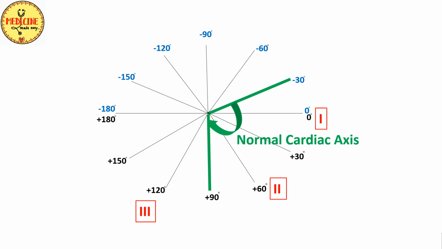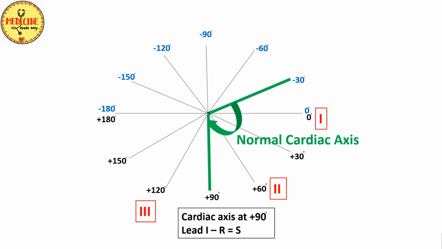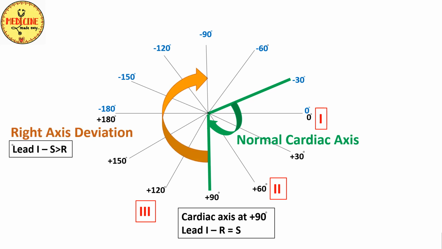If the cardiac axis lies at plus 90, which is perpendicular to lead 1, we will have R wave equal to S wave in lead 1. Once the axis starts moving beyond that, that is in right axis deviation, the S wave becomes greater than R wave in lead 1. Thus, S wave greater than the R wave in lead 1 is the most important finding in right axis deviation. Right axis deviation can range from plus 90 to minus 90 degrees.